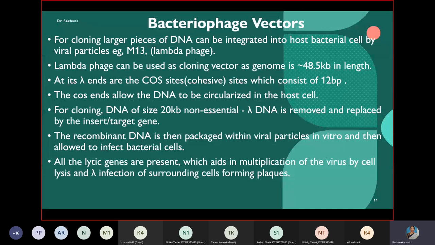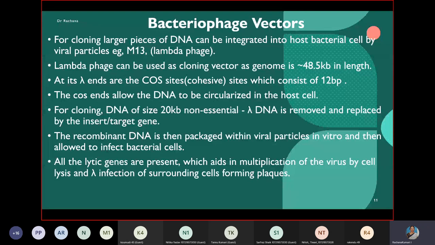And the lambda genome has protruding ends, a 12 base pair cos site, which are easy for annealing. We know that once it enters the bacterial cell, if it has to undergo a lysogenic cycle, the phage genome circularizes, which was earlier a linear double-stranded DNA.